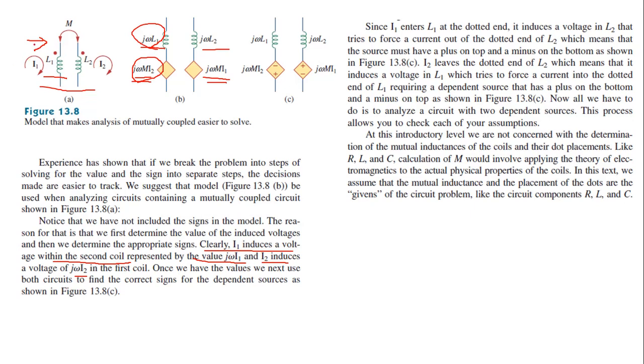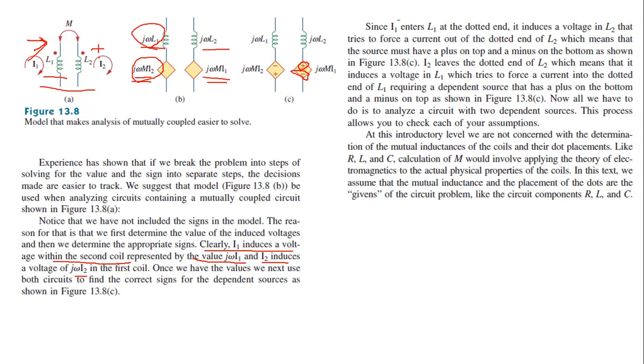Here I1 enters here, right? So according to dot convention, wherever the dot is placed, this terminal will be positive. So that is what is given here. So positive and negative, right? Clear? Now, this polarity.